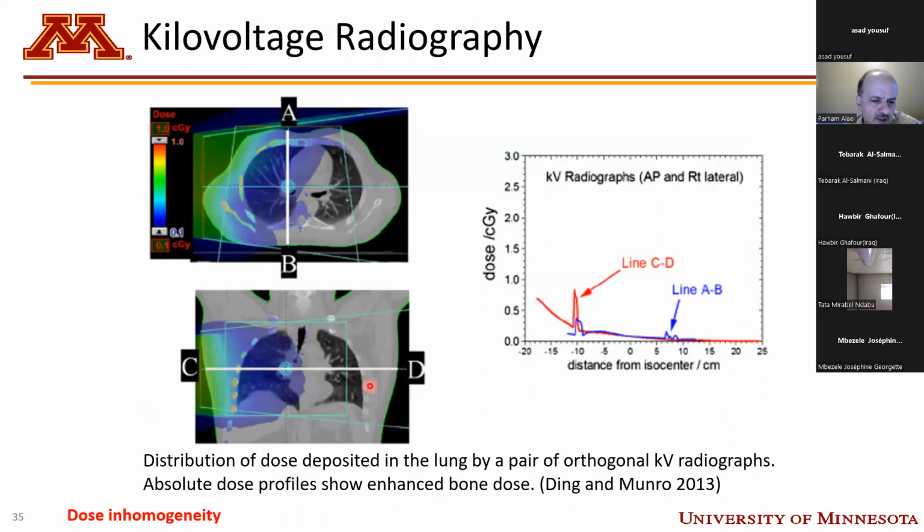I'm not sure what energy they simulated. It probably is 110, the chest image. So again, anterior and right. And you can see the majority of the dose is deposited in this region because that's where the dose drop-off is very quick. It actually drops to almost nothing on the exit side of the imaging beam.